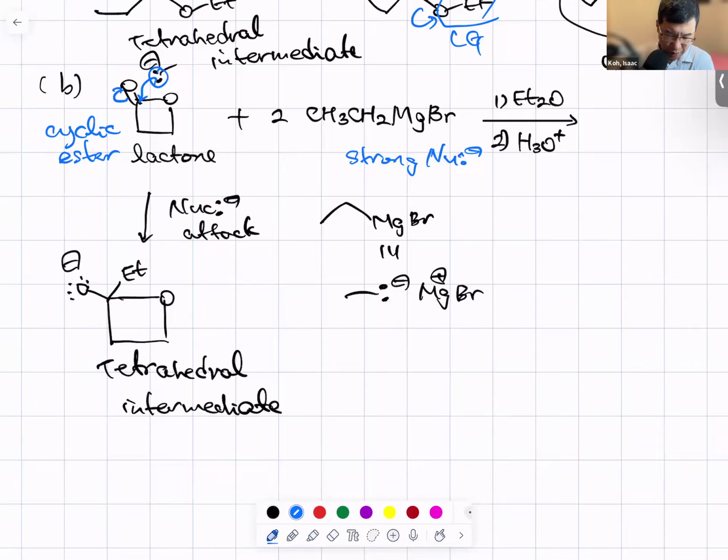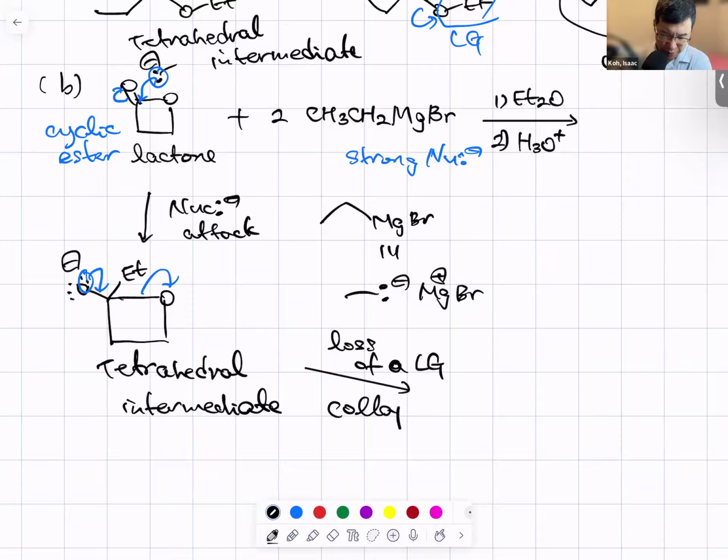Okay, then the lone pair is coming down and the ring is collapsed. Loss of a leaving group. Collapse of the ring.